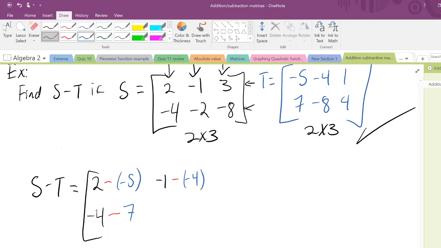Then I have negative 2 minus negative 8. And then I have 3 minus 1. And then the last one I have negative 8 minus 4.